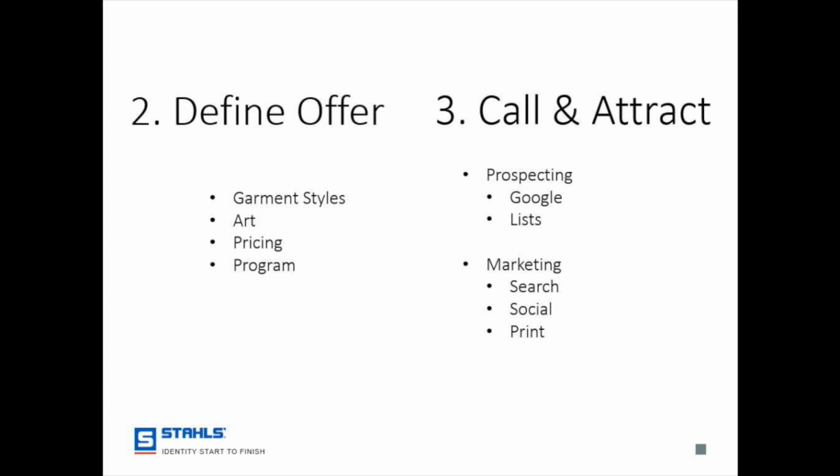Number 2 is define an offer. This is really a sales strategy. If dance schools is my market, okay, what garment styles can I offer to dance schools? Watching Stahls TV and the morning show and some of the reading our blank apparel wholesale guide, you can get basically plugged into trendy styles for your market. And so in this case, it would be nice if I can come up with some garment styles that are different than what everybody else is offering, because then it's not like I'm pricing the white t-shirt or the pink t-shirt versus the pink t-shirt.